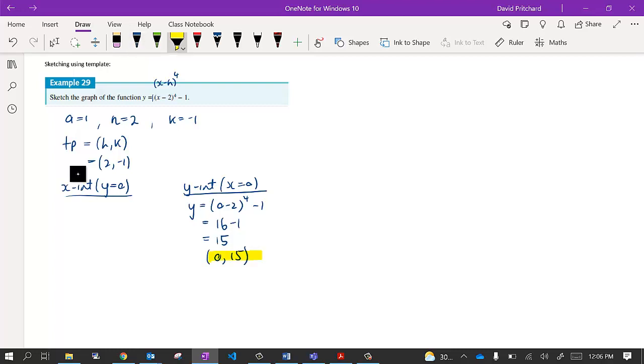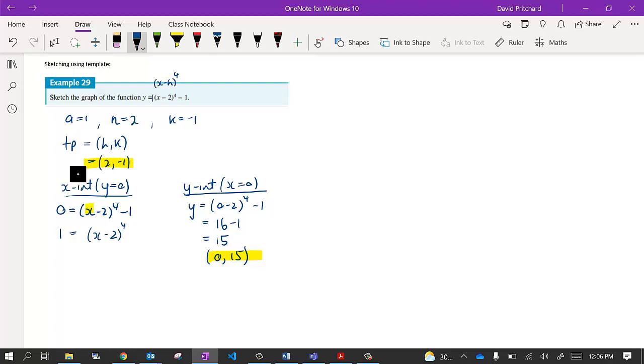There we go, we've now got 2 critical points. Now we'll find the x-intercepts by letting y equal 0. We've got 0 is equal to (x − 2) to the power of 4, take 1. This whole process is about isolating x. So first we can add 1, and we get 1 is equal to (x − 2) to the power of 4.